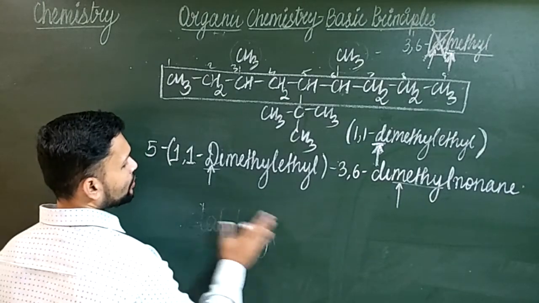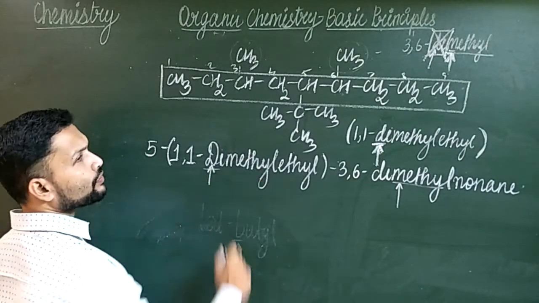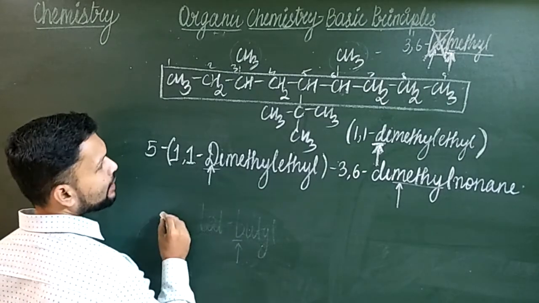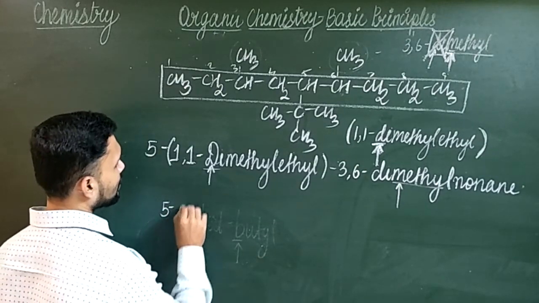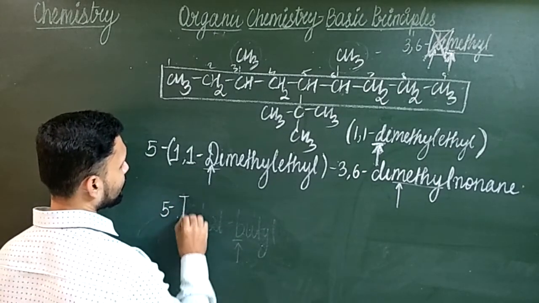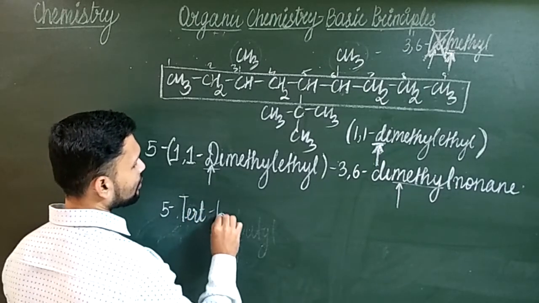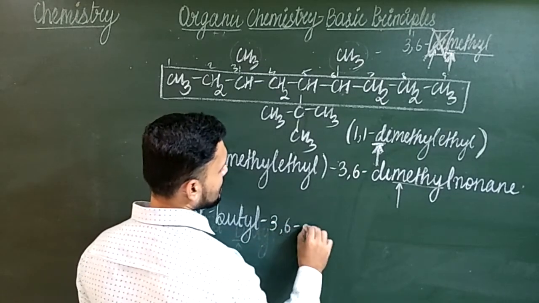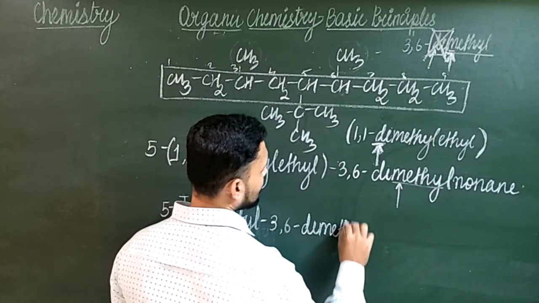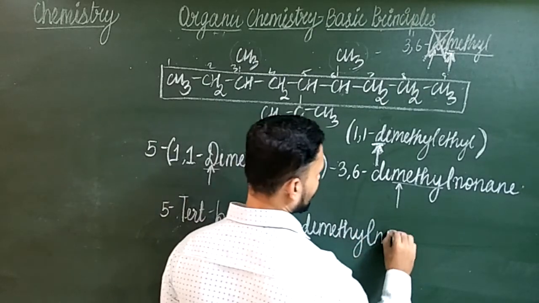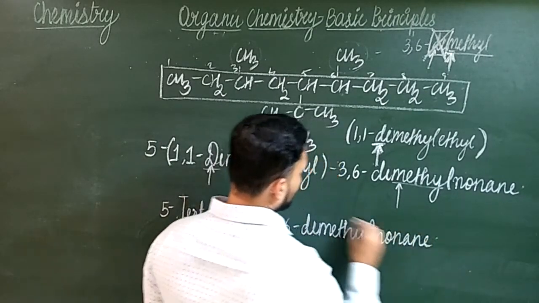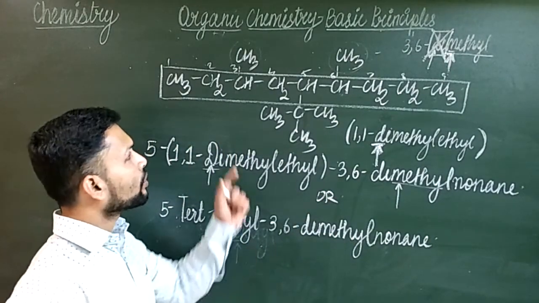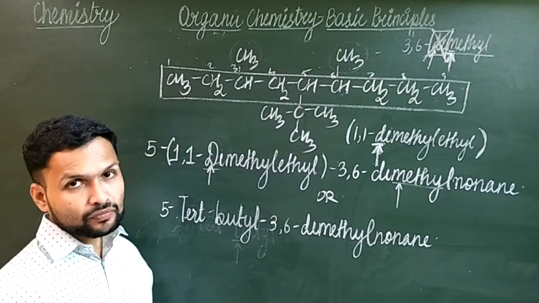Obviously B. So if I want to write the IUPAC name using the common naming for the substituent, it should be 5-tert-butyl, next 3,6-dimethyl, nonane. So either of these can be written as the IUPAC naming for this compound. Hope you're getting this.